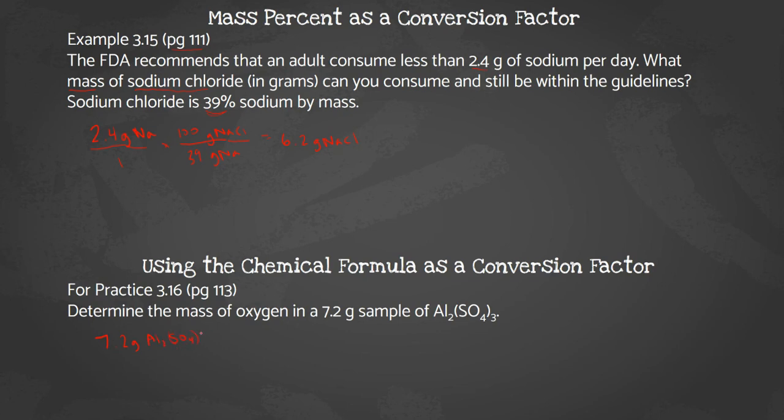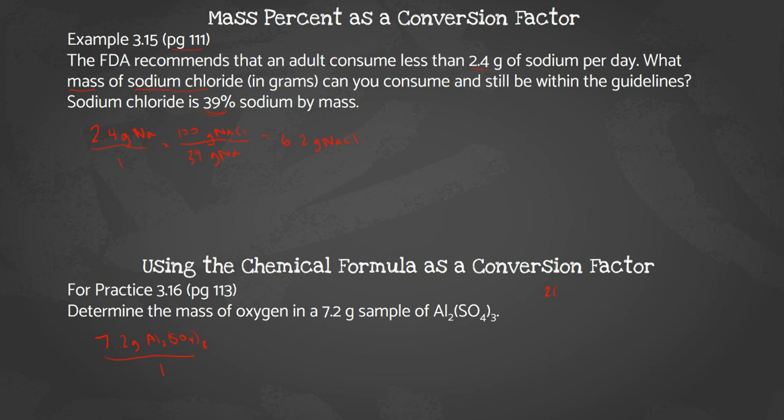It's important to write out our formulas here so we keep the oxygen and the aluminum sulfate separate. And I don't have this one added up, so we're going to have to add this up. We got some work to do.